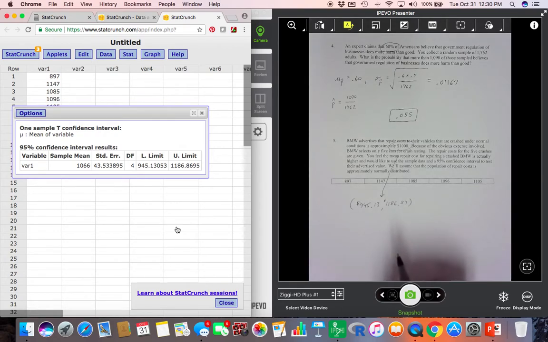So from our confidence interval, we can't reject their claim of $1,000. There's not sufficient evidence from this sample data to refute or to bring concern to, if you will, the claim of $1,000. So guys, I hope this review is helping.